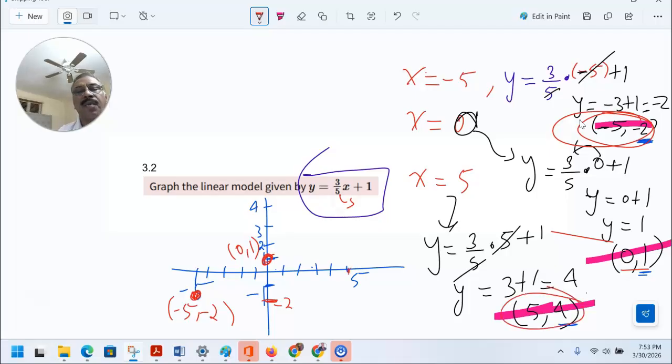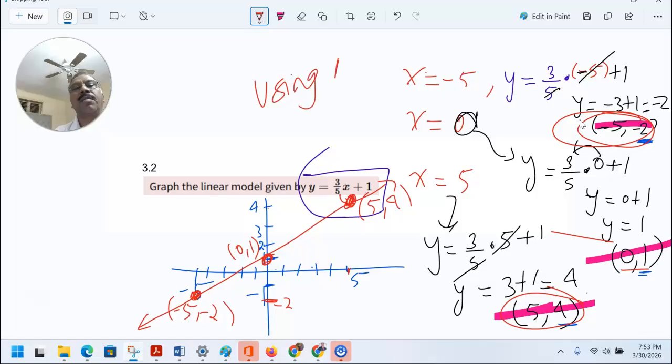So this is 5 is 4. And you get a line. And you're done. I hope it's making sense how to graph. This is graphing using minimum 2 points.